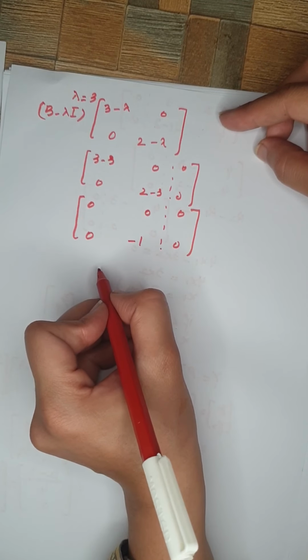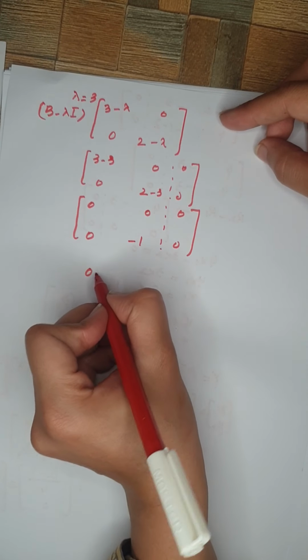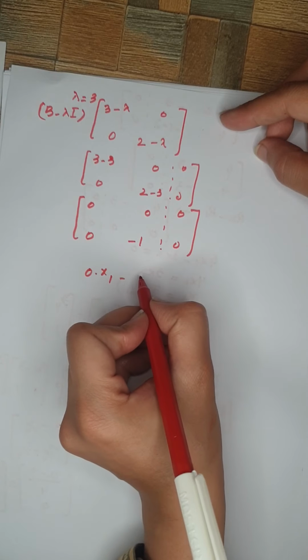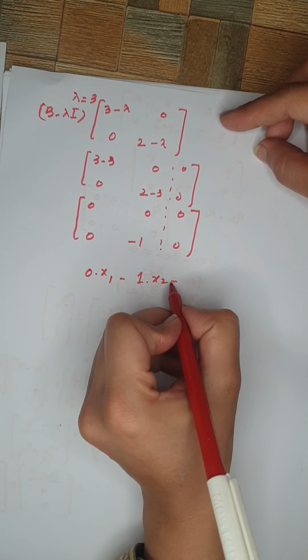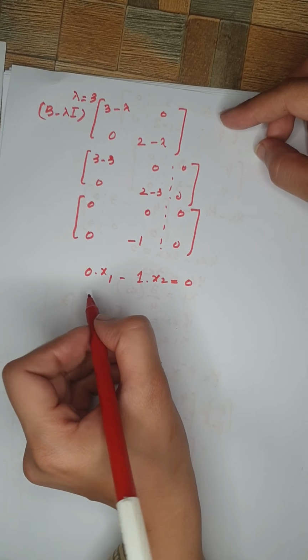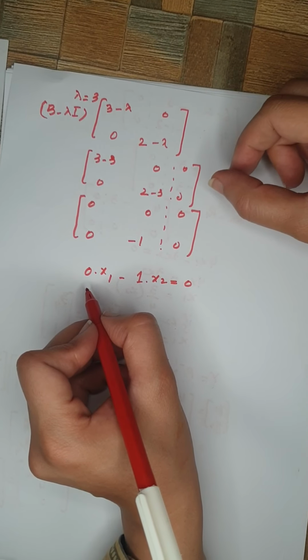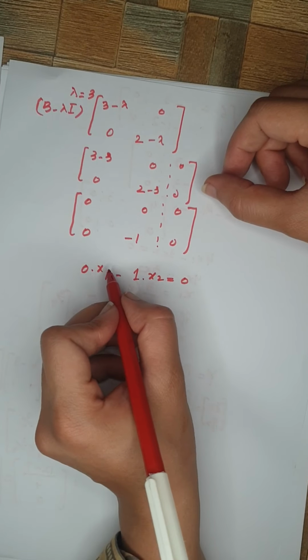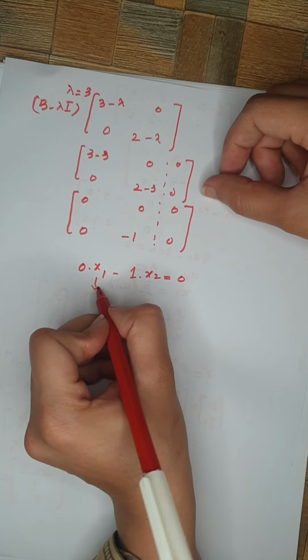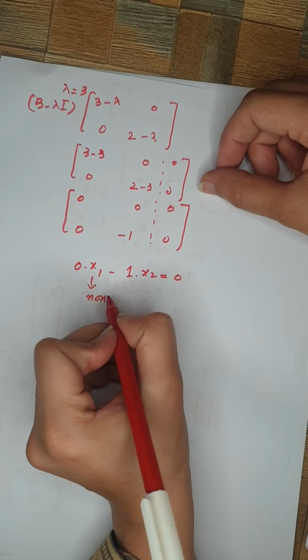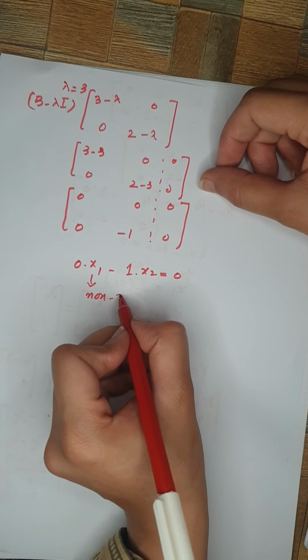Now you can see by back substitution I will have 0 dot x1 minus 1 dot x2 equal to 0, or I can say that x1 can be any non-zero value.